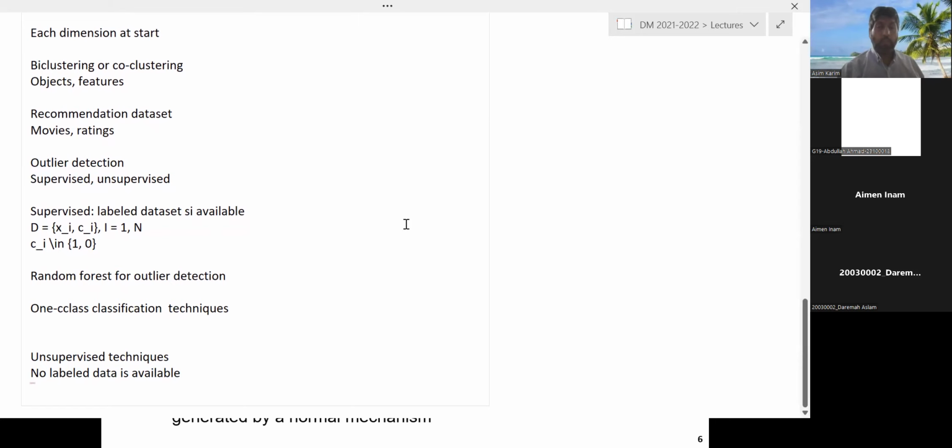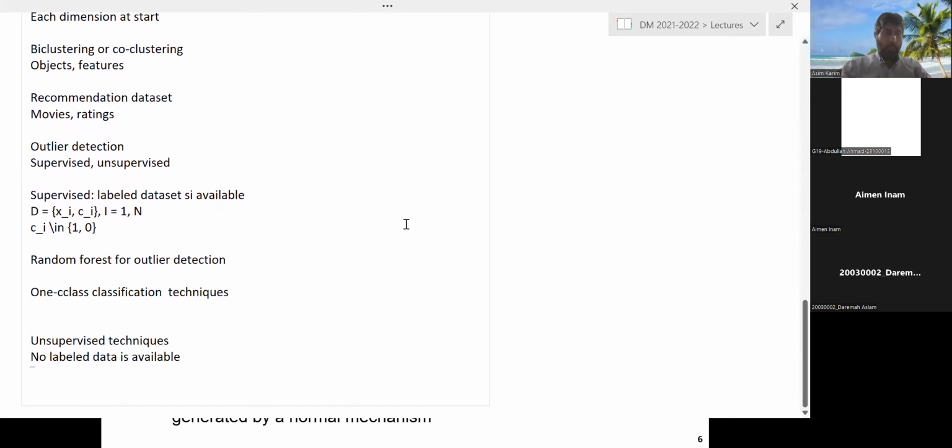So we don't have any label data set, and from this data set, we would like to find objects that are outliers. So in this framework, we have several categories of techniques. So let me mention those categories first, and then we will discuss them briefly.